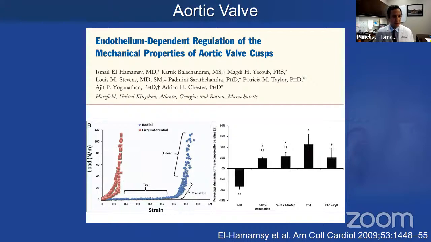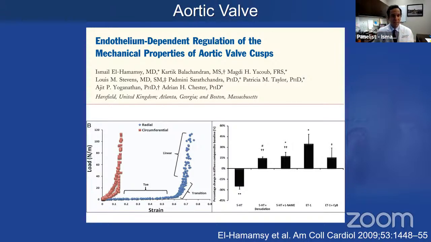We found that aortic valve cusps have different mechanical properties in their radial and circumferential directions, just by virtue of the alignment of the smooth muscle cells and the extracellular matrix. Aortic valve leaflets can relax and contract in response to different agents, exactly like blood vessels do when you put them in organ chambers.